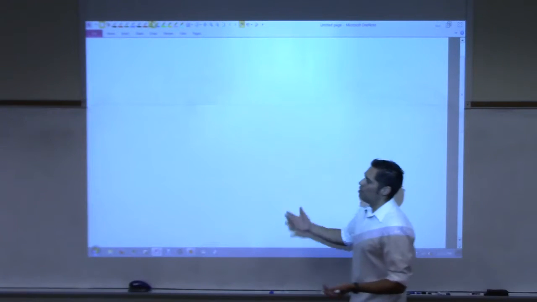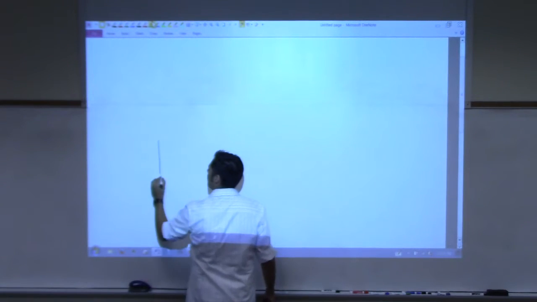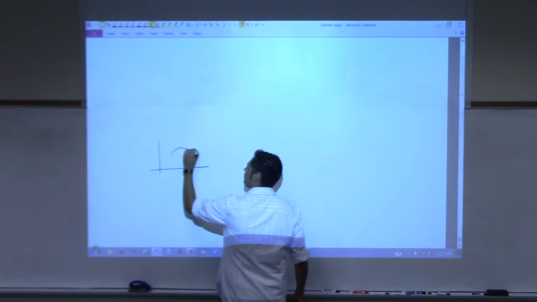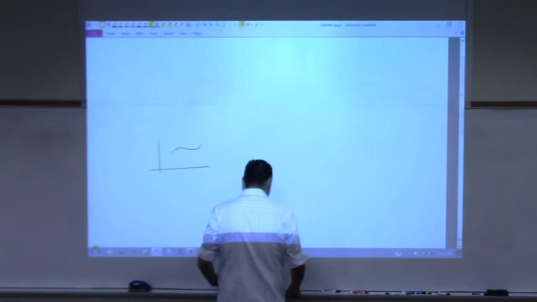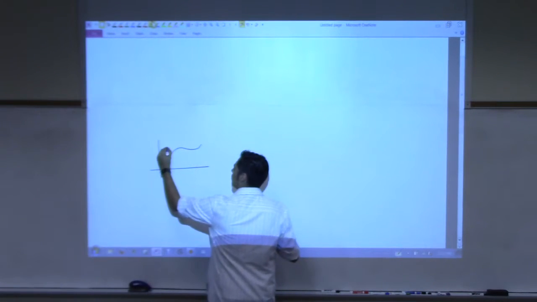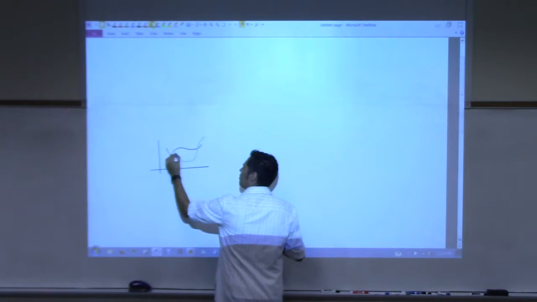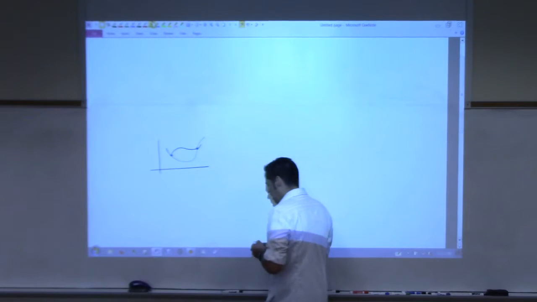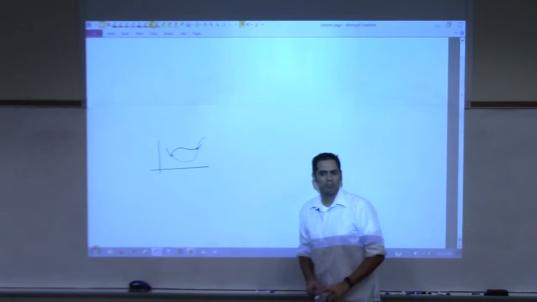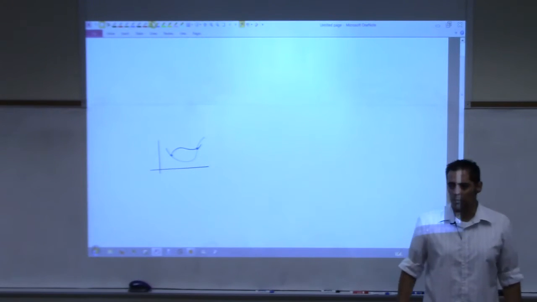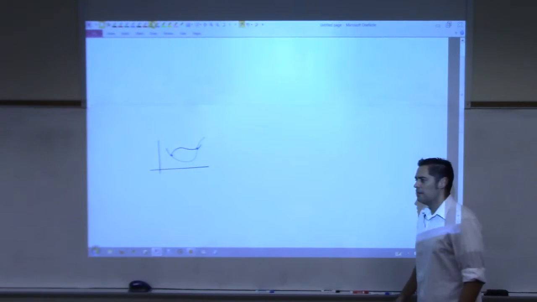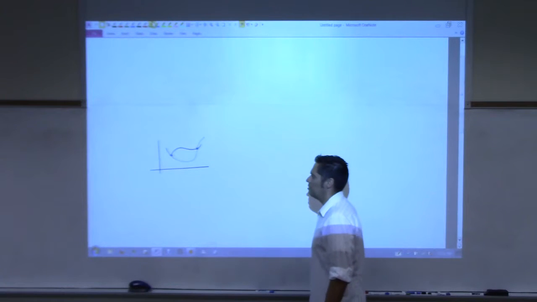So now you go and you say, all right, let's say you have a function, and let's say you have another function like this, and you can see where they hit each other, right? What's the area between those two? What's the area between those? So you can figure that out, right? Then you ask another question.